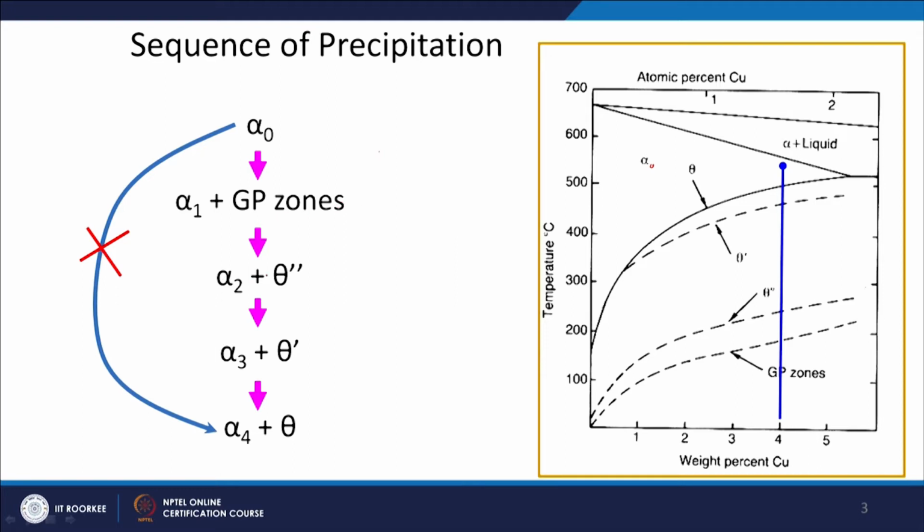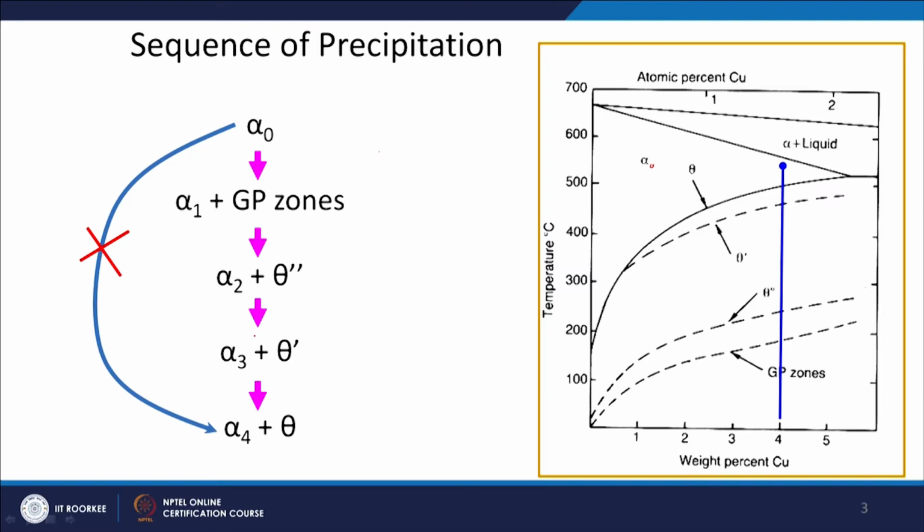Then another combination of phases should be there. Next in sequence it is alpha 2 plus theta double prime, then alpha 3 plus theta prime and alpha 4 plus theta, okay. And we do not want the direct transformation of the alpha solid solution into the alpha phase plus the equilibrium precipitate. This we do not want. So, we want to have a sequence like this.